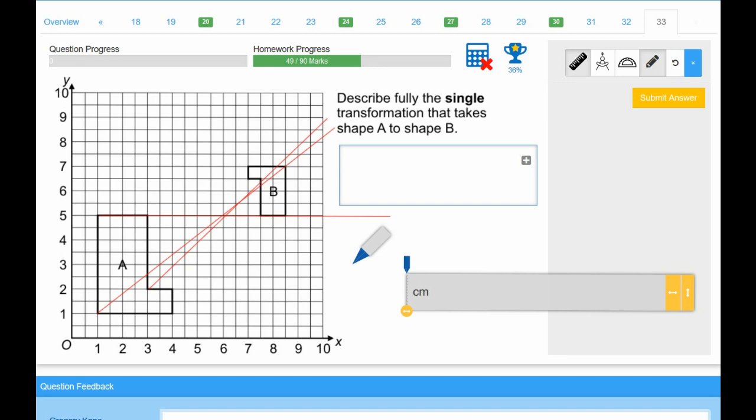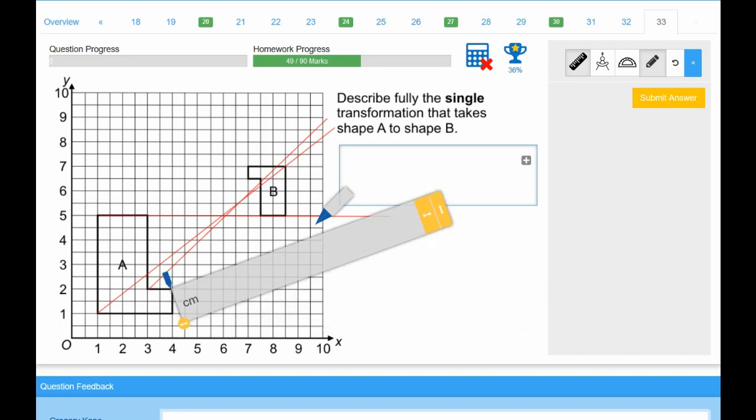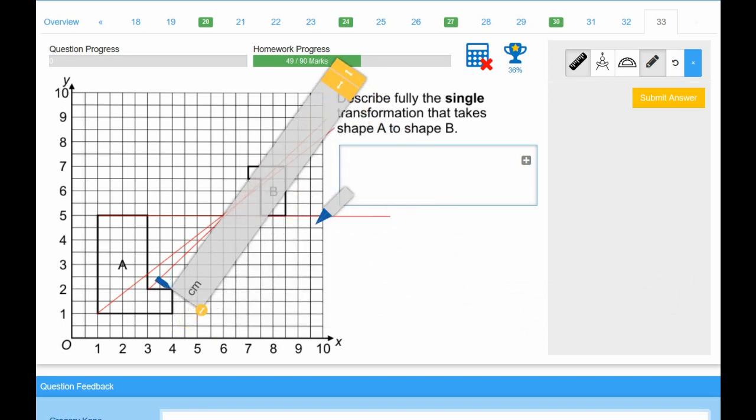Let's go from this point to this point and see if we can work out where is our point of convergence. That's going to go to there.